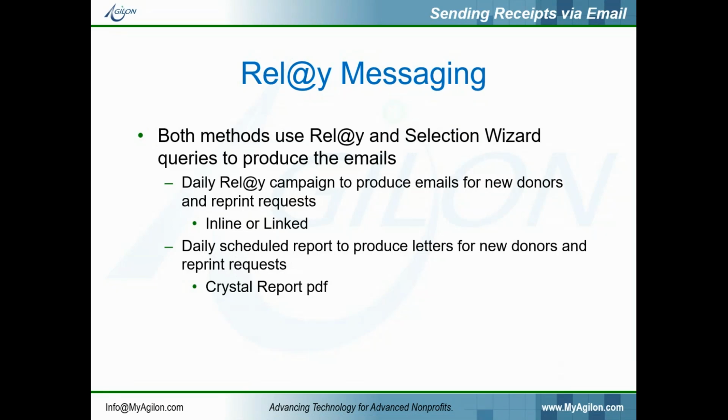So regardless of which of those two methods you decide you may want to use, both of them are using selection wizard queries. Both of them are using relay jobs to send the receipts or the message out to the donor after they've given a gift.